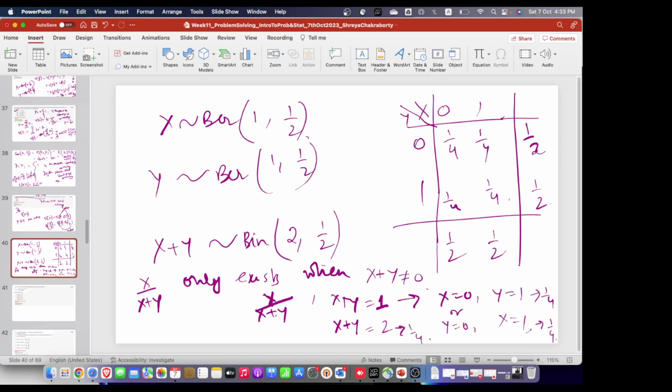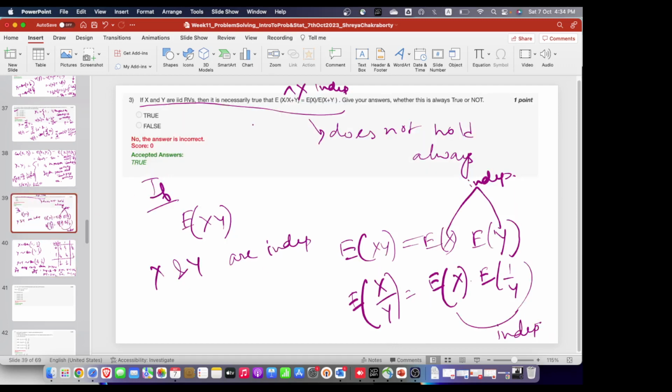So together x by x plus y takes non-zero probability of 3/4. The total probability should add up to 1, and that is not holding true here. So it is not necessarily true that this is equal to expectation of x by expectation of x plus y.